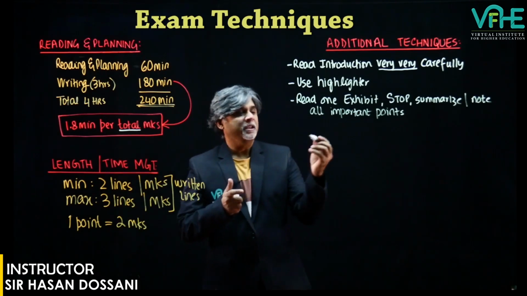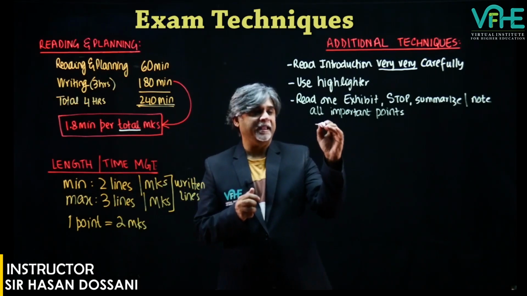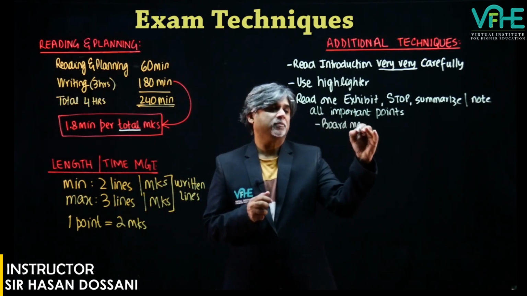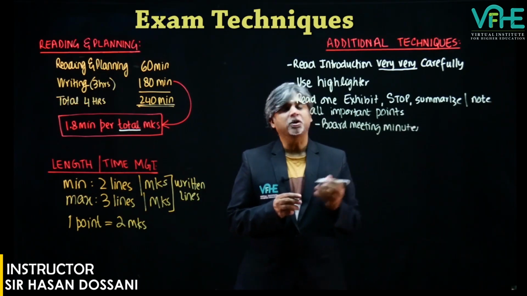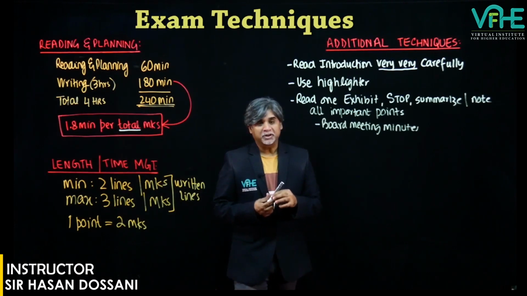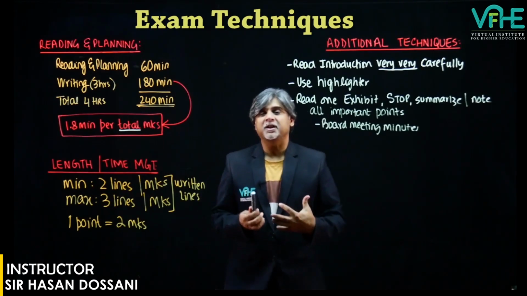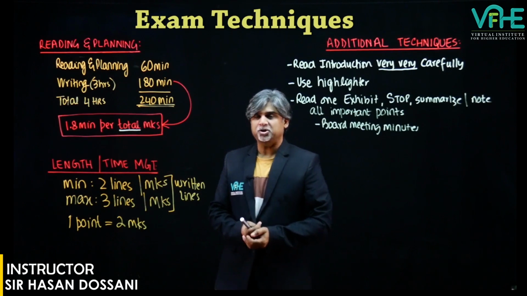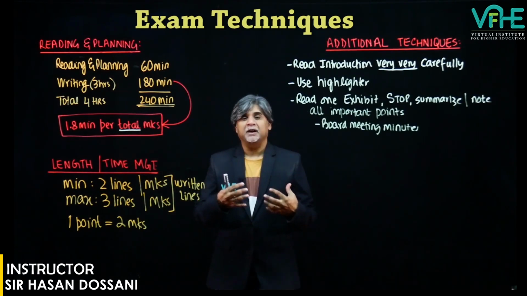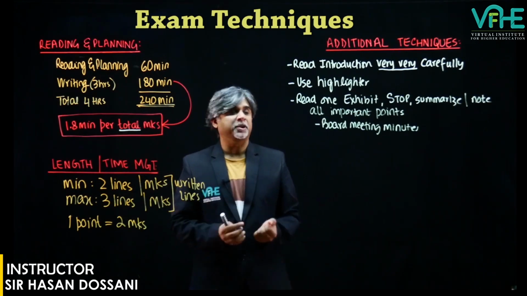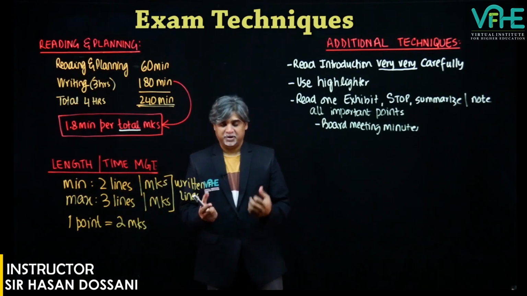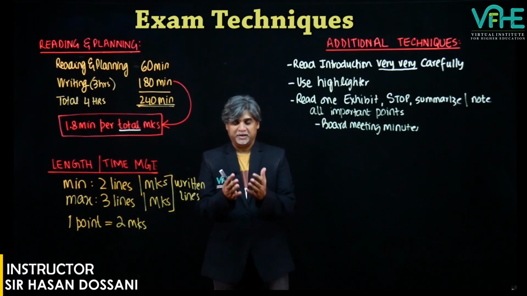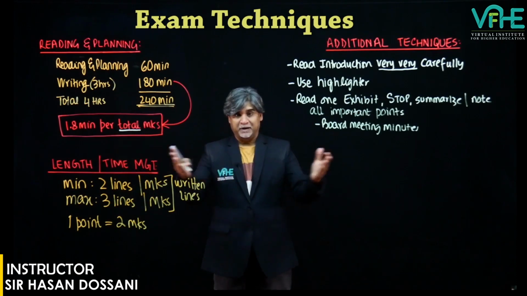So normally there are a few exhibits like board meeting minutes. These board meeting minutes contain a large amount and variety of information, and you are expected to use this information in multiple requirements.